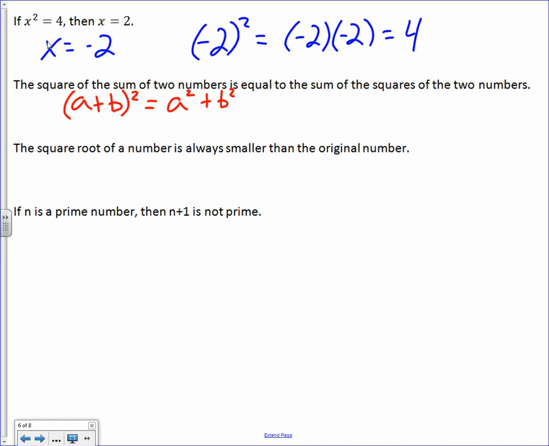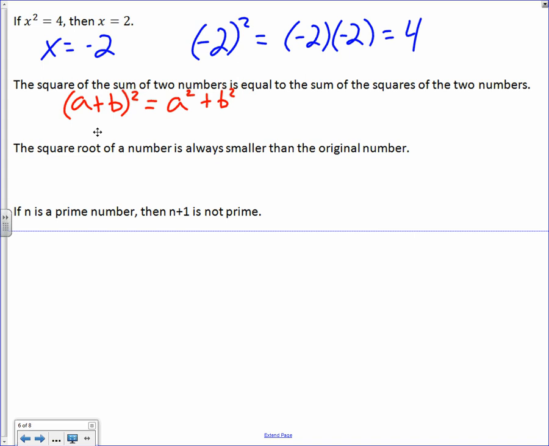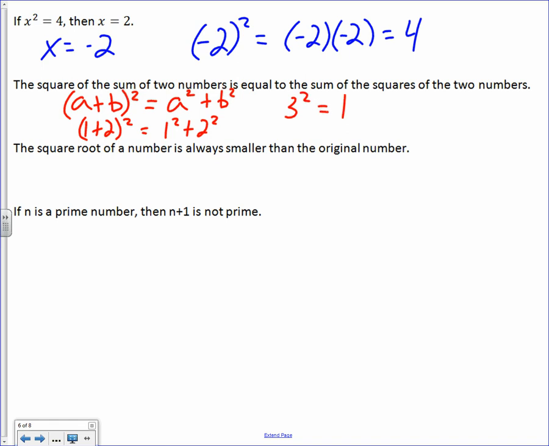And if we pick numbers like 1 for a and 2 for b, we have (1 plus 2) squared equals 1 squared plus 2 squared. Well, (1 plus 2) squared is 3 squared, which is 9, and 1 squared is 1, and 2 squared is 4. And we would come up with 9 equals 5, which is not true, right? And so a equals 1 and b equals 2 is our counterexample because they are not equal to each other.